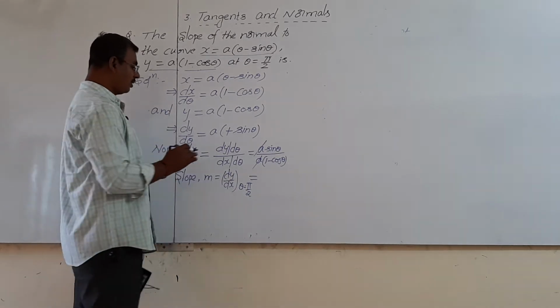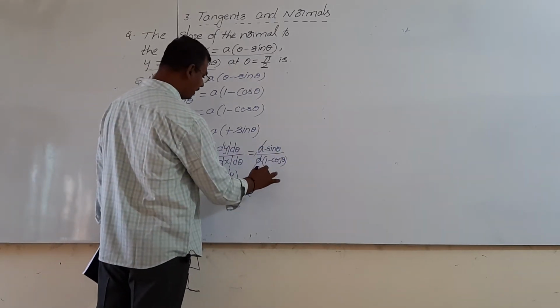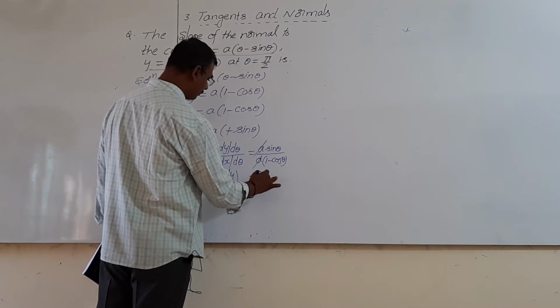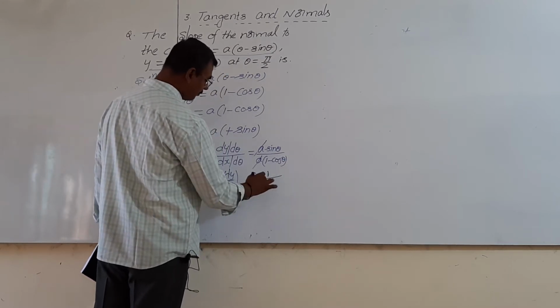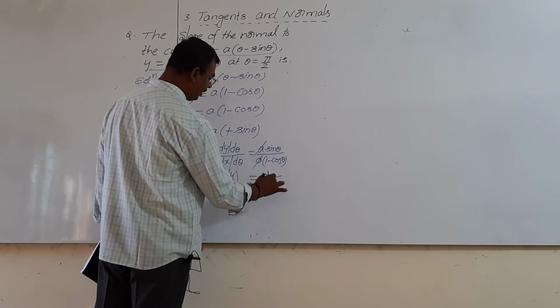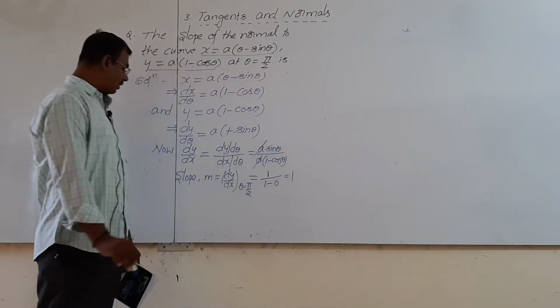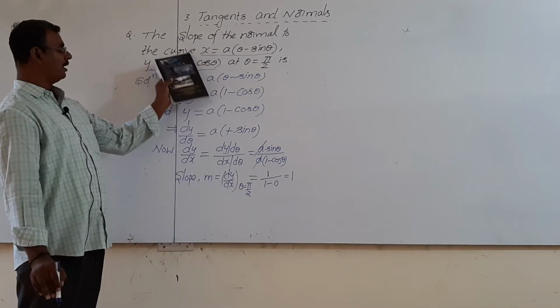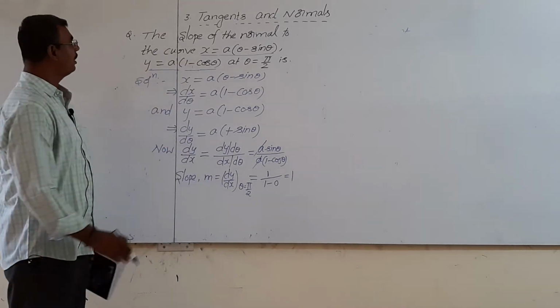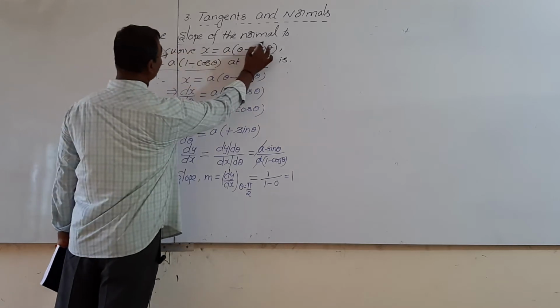So theta is equal to pi by 2, substitute here sin 90, we know that is 1, divided by 1 minus cos 90, which is 0, so it becomes 1. We got the slope of the tangent line is equal to 1, but we require the slope of the normal.